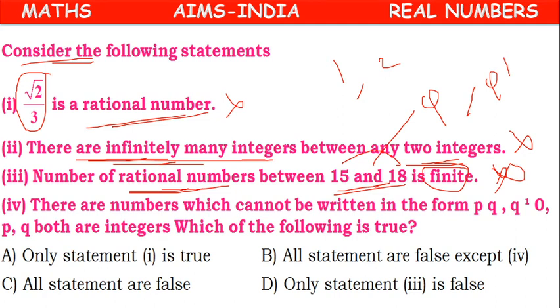Wrong. There are numbers which cannot be written in the form of p by q, where q is not equal to 0, where p and q are both integers.